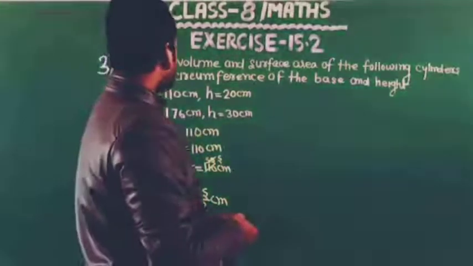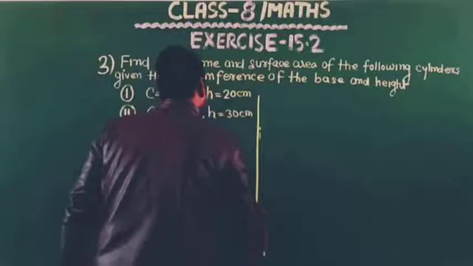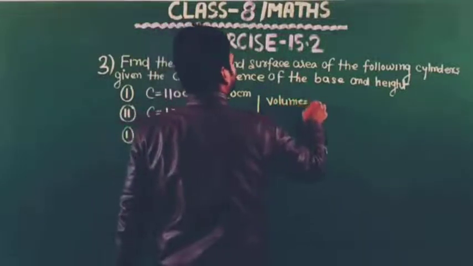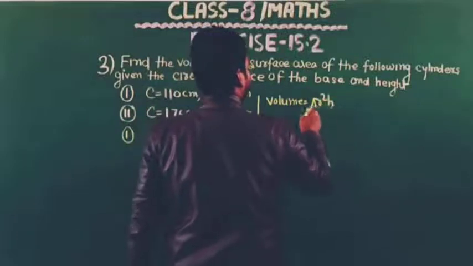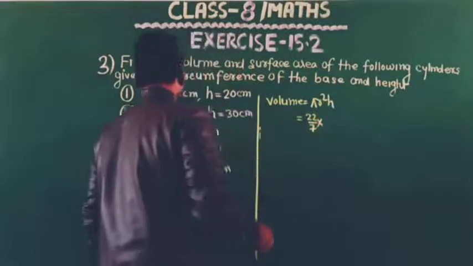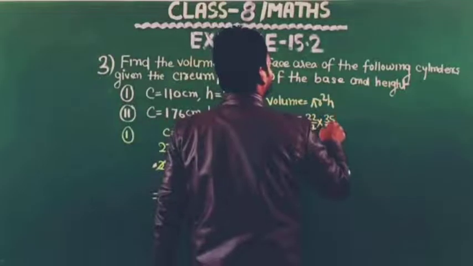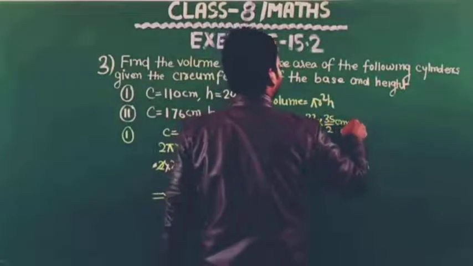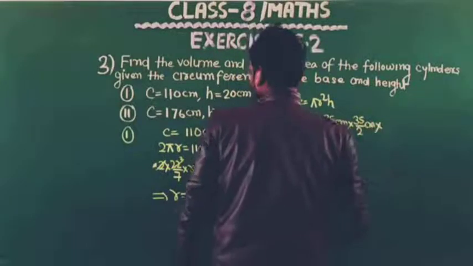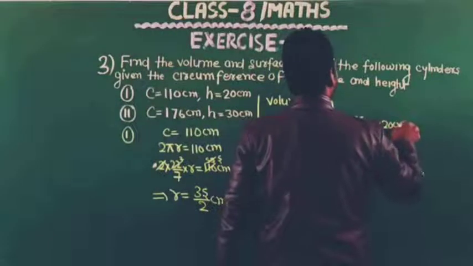Then volume equal to pi r square h. So this is 22 by 7 into radius r, 35 by 2 centimeter, into 35 by 2 centimeter, and height is 20 centimeter.